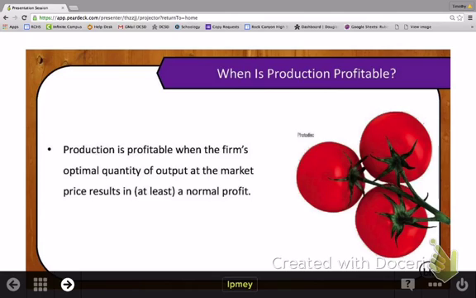So long as economic profit is greater than or equal to 0, the firm should continue to operate. If economic profit were to dip below 0, and 0 of course is a normal profit, then Eli and Max would consider permanently closing their lemonade stand and finding a more lucrative business than the lemonade stand.